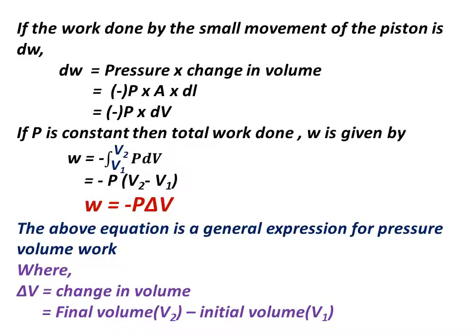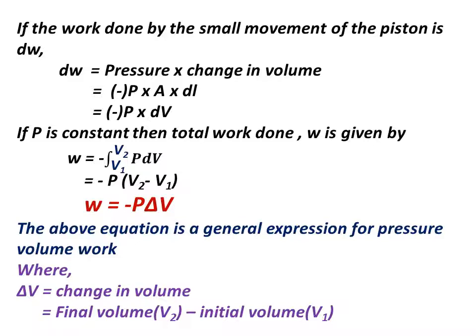If the work done by a small movement of the piston is denoted by dW, how are we going to calculate that work? We already know that work is equal to pressure into change in volume. So dW is equal to pressure into change in volume, and we have applied pressure capital P, and we have assigned a minus sign.